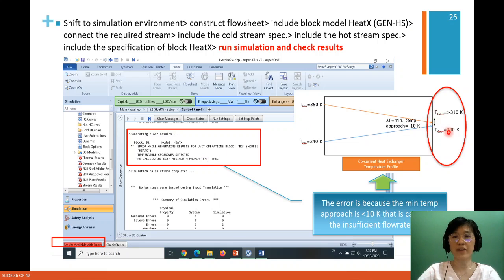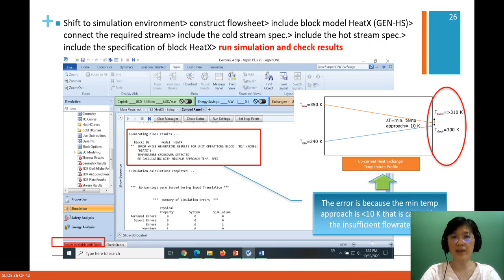If this requirement on the minimum temperature approach is not met, these two lines will be intersecting, meaning there's a temperature crossover, right? And the error is because of this.